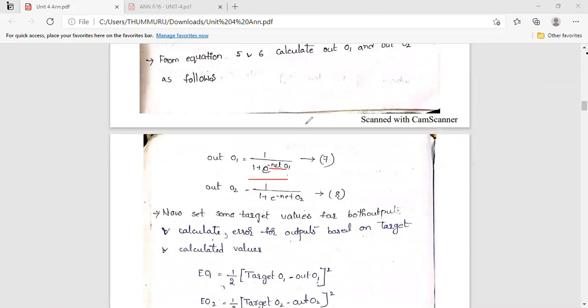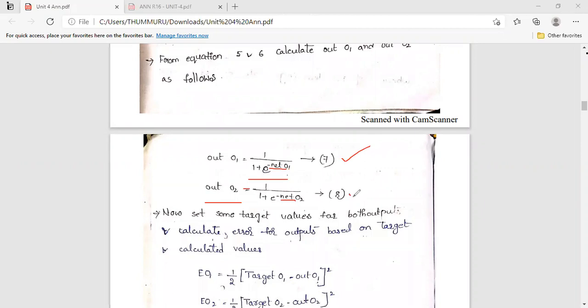Already this net O1 we have calculated under equation 5, so that value is substituted at this place. After that, output of O2 equals 1 by 1 plus e to the power of minus net O2. This net O2 was also calculated in equation 6. The same value is substituted here with minus sign, right? These are the 7th and 8th formulas.